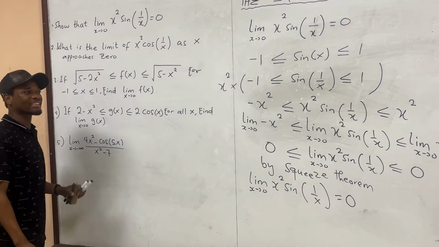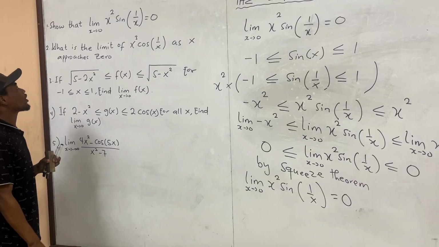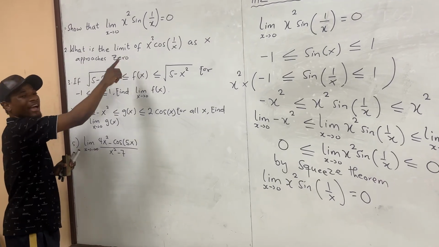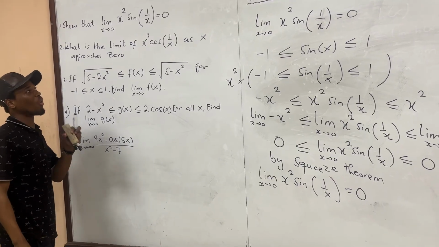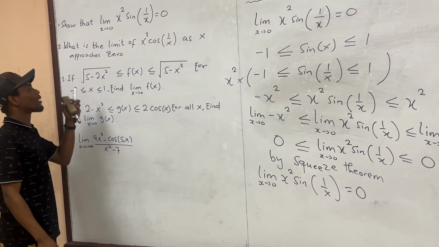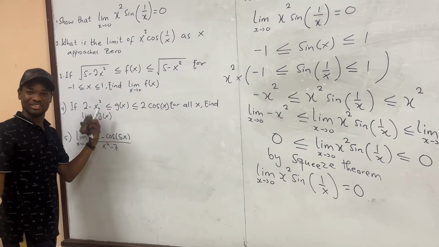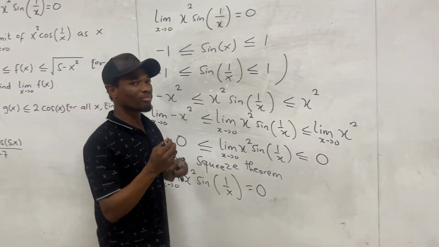So viewers, using the same concept, let's work out the second one. What is the limit of x to the power 3 cos 1 over x as x approaches 0? The answer is simply 0, right? What do we have?